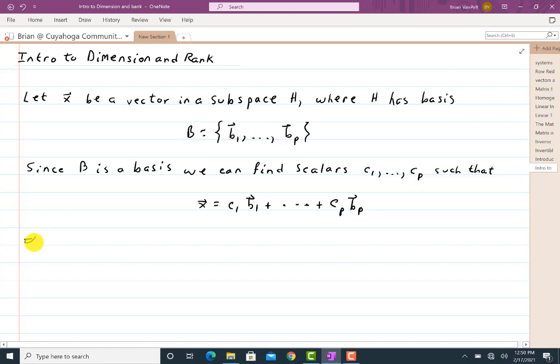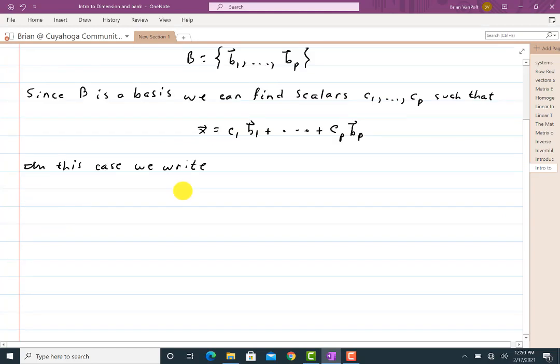In this case, we write, and there's sort of an interesting look here, we write this little thing here, but then I put a little subscript of a B. This is to indicate the coordinate values of X relative to the basis B. So all that we really need to tell in a coordinate system are those coefficient values.